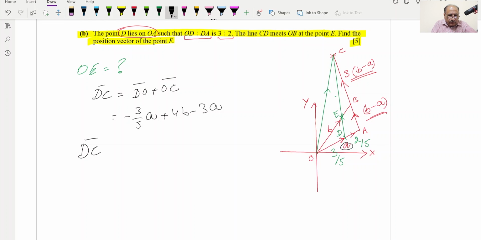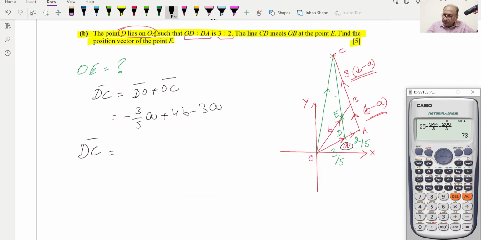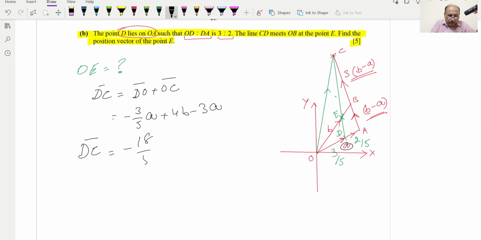Now DC will be equal to what? Adding like terms, minus 3 by 5 minus 3 gives minus 18 over 5 a plus 4b as it is. So this is the value of DC which we have calculated.